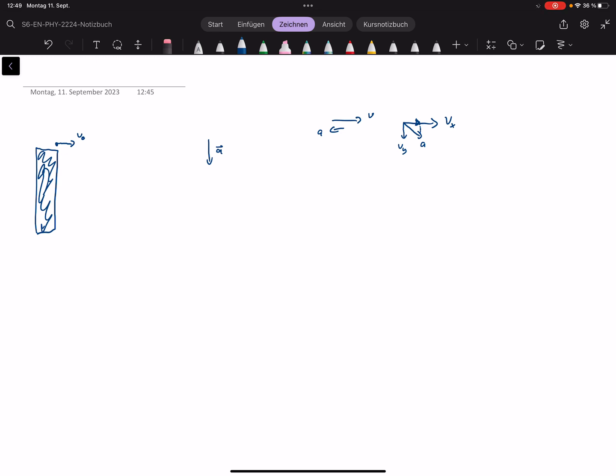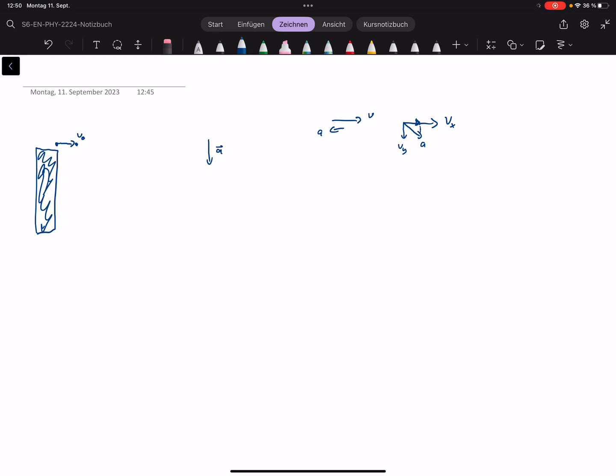So what we do now, we try to make something like a stroboscope picture here, but only theoretically. So we assume that at the beginning there is no acceleration. The object or the coyote will end up here after a certain period of time.